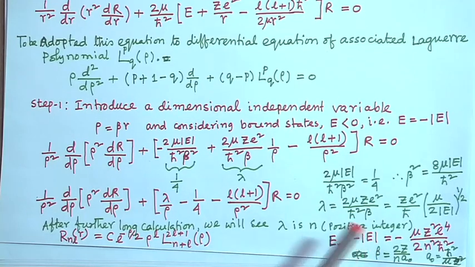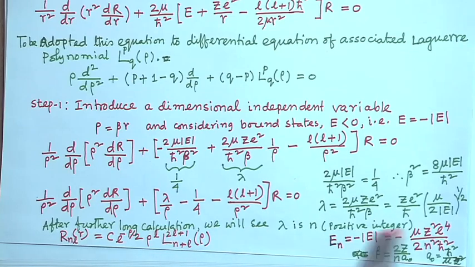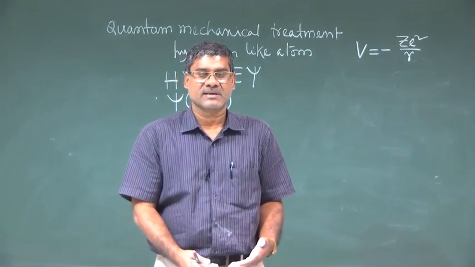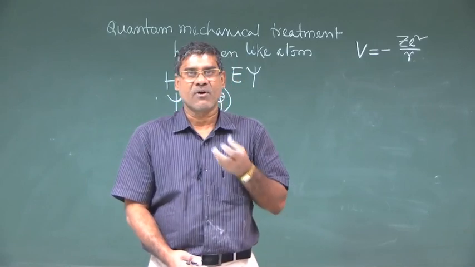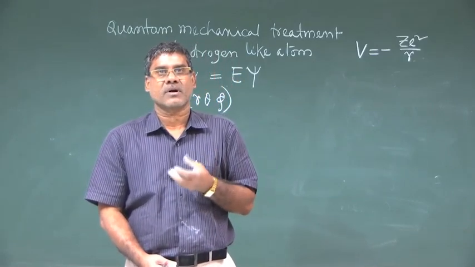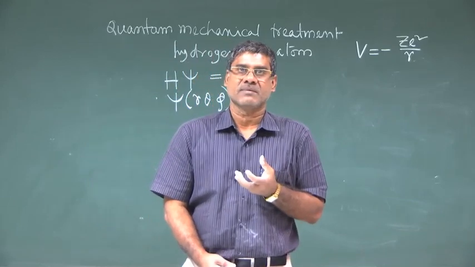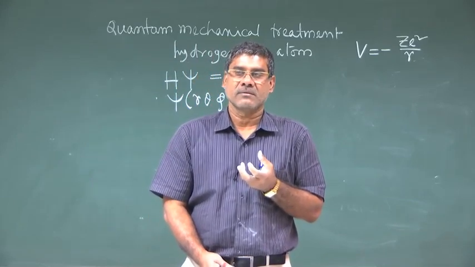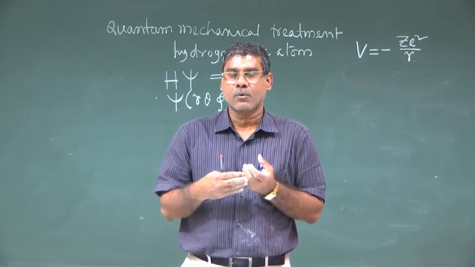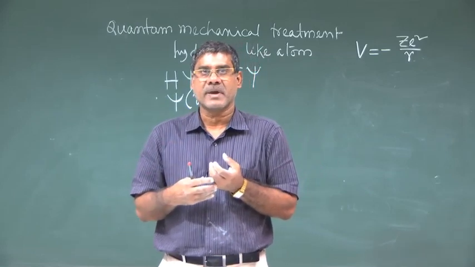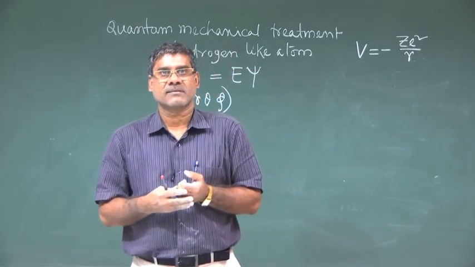The energy we already got from Bohr theory, the same energy we got, but the additional thing from quantum mechanics, solving the Schrodinger equation, is that we get the form of the wave function for our system. And if you know the form of the wave function of a system, you can know many things about the system.